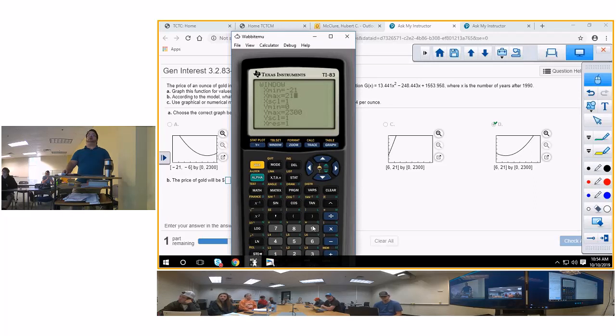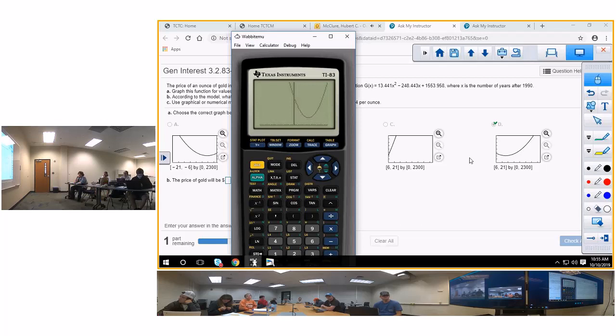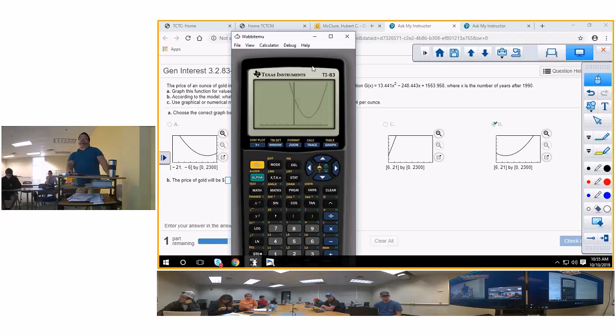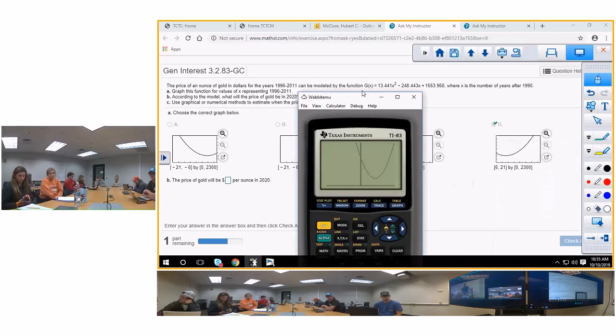Using a calculator with a mouse is very painful. Since you're seeing the vertex, you could pick A or D. Which side of the y-axis is it falling on? So D is that answer.